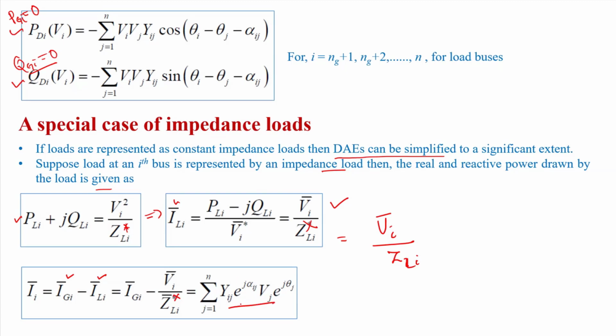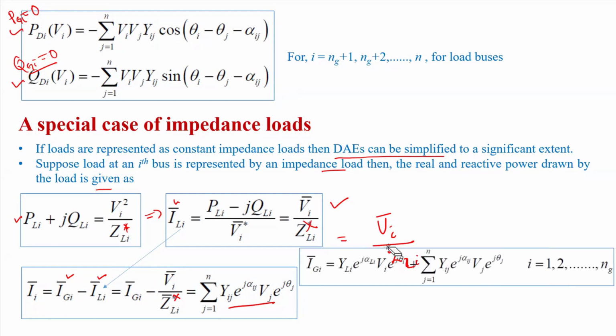So the current injection we already derived here, like summation of Yij e to the power j alpha ij into Vj e to the power j theta j. Now just substituting the expression of ILI here, we find IGI minus Vi by ZLi.